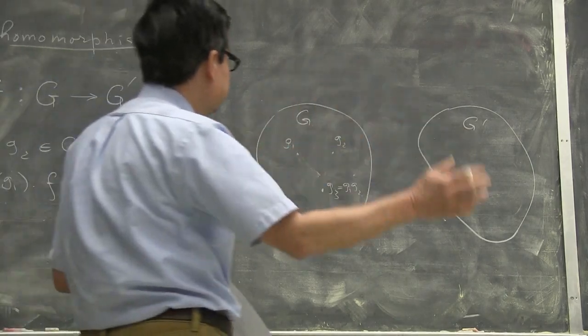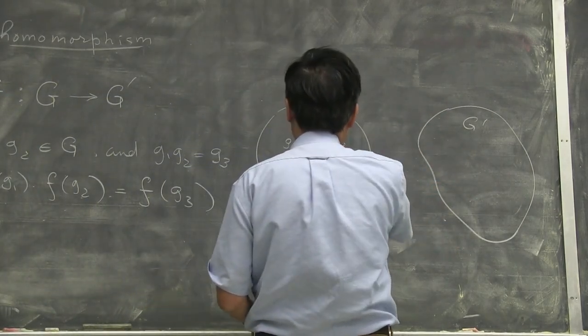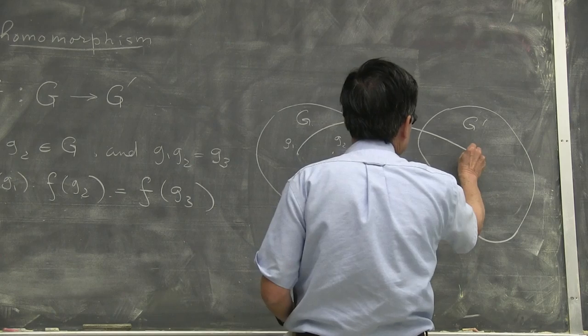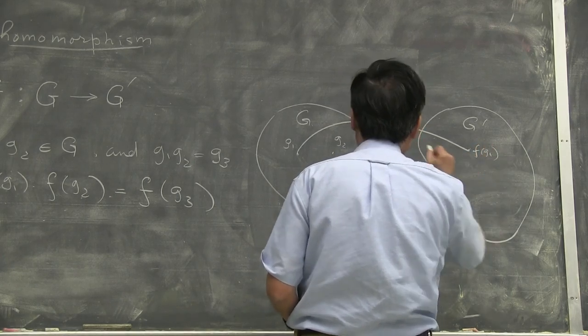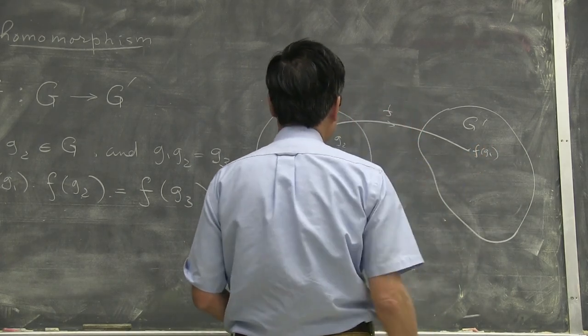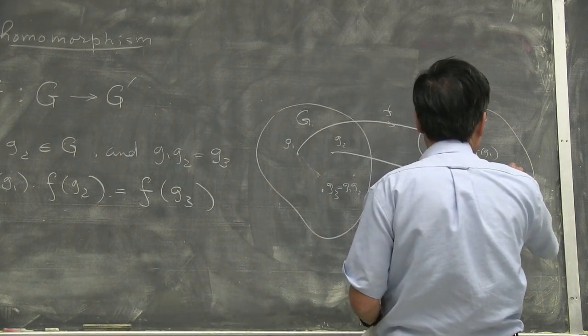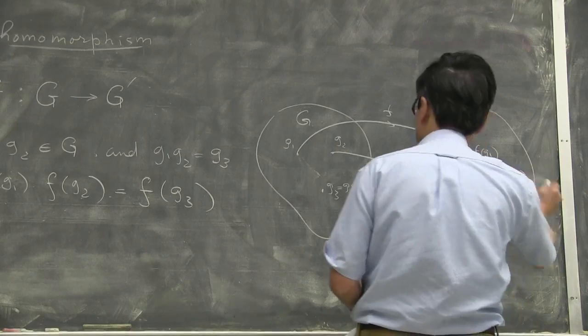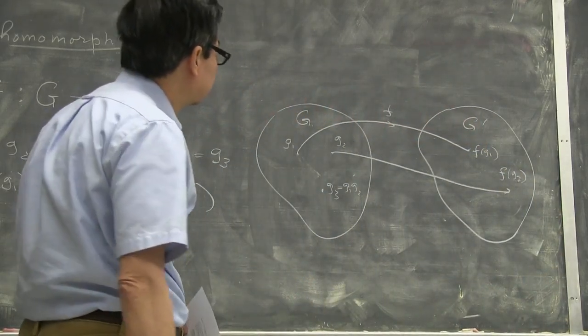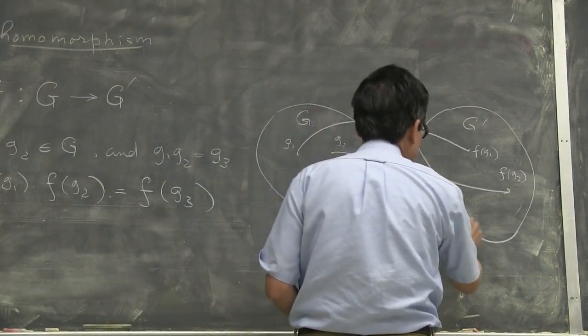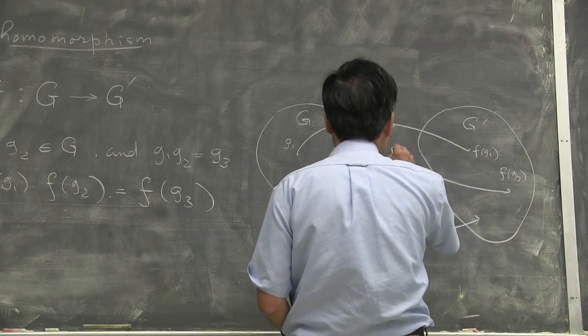So using this map, if it's a homomorphism, this one gets mapped to f of G1 by this homomorphism f, and this one gets mapped to f of G2, like so. And this one gets mapped to something else.